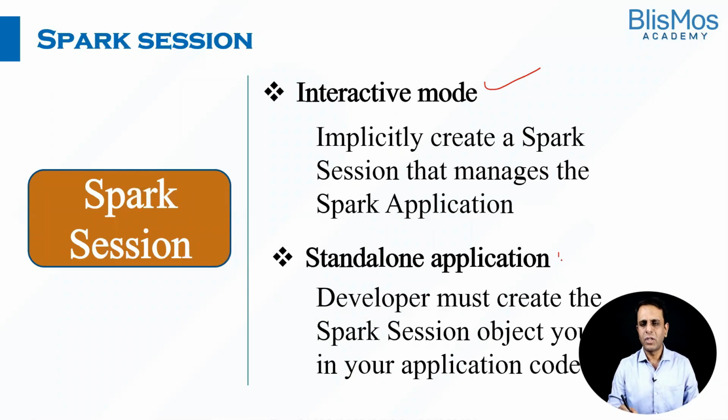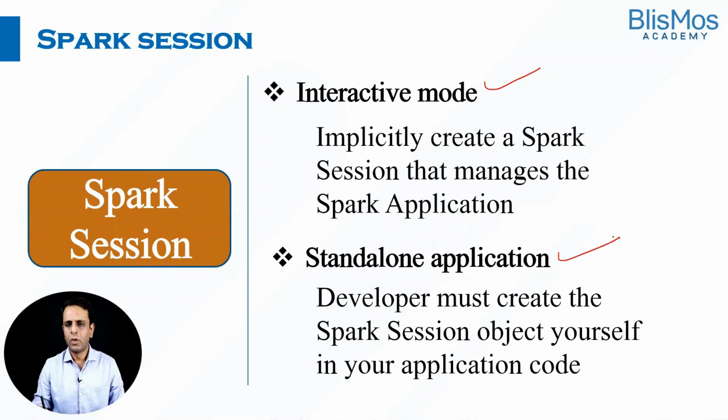One more mode would be standalone mode. Whenever you come out with a Spark application through IDEs, Spark session will not be available implicitly. You need to create the Spark session object so that you can use it to execute the code across the clusters.